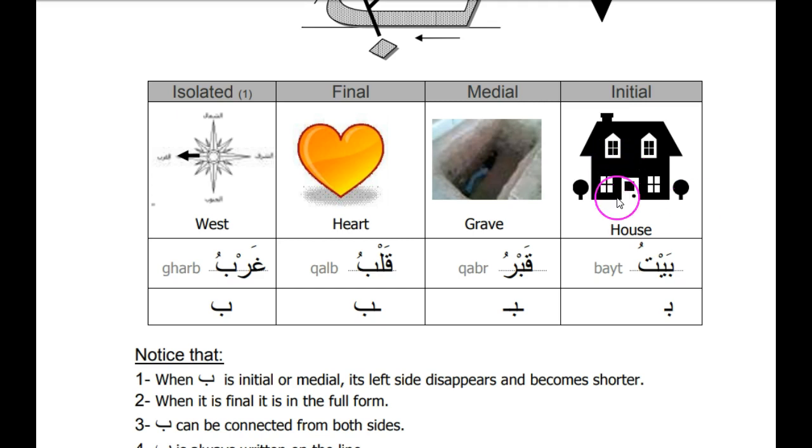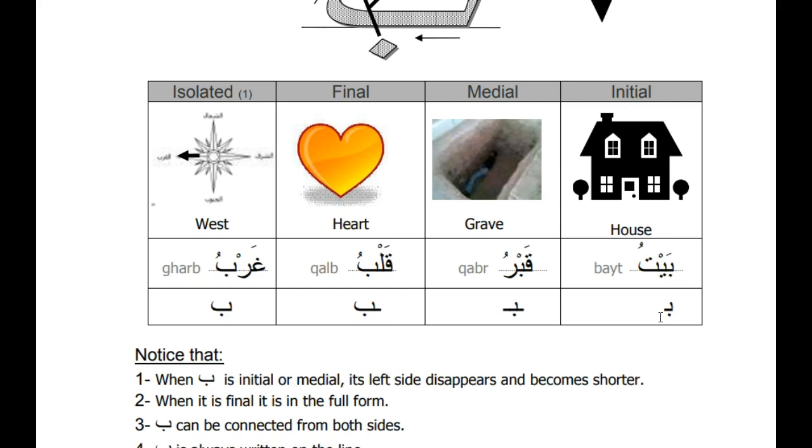So at the beginning of the letter, we see it here in the example bait. How does ba look? We will just start from here up and we will continue towards the left, but we'll stop there. We won't finish the letter, yeah?